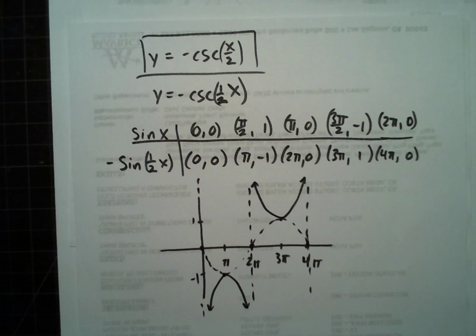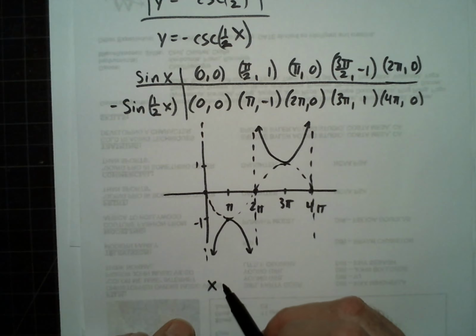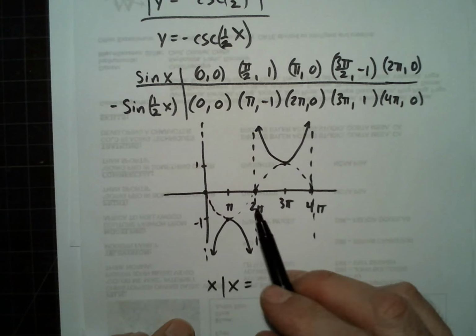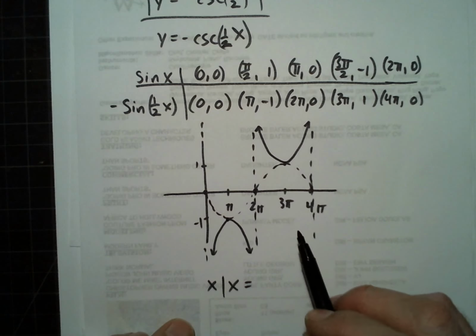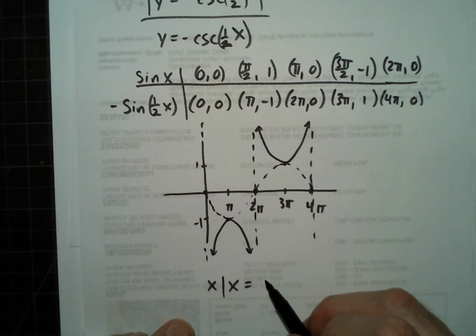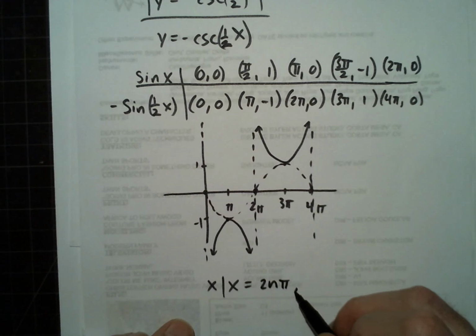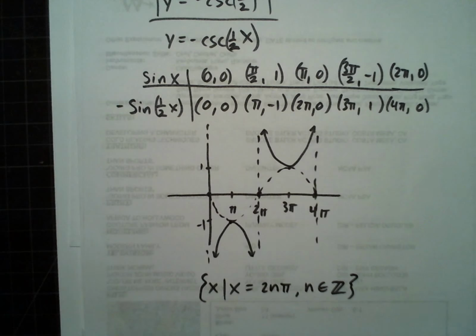So that's what that looks like. And we can talk about the asymptotes. The asymptotes are at x such that x is 0, 2 pi, 4 pi. That's just the even integers. So x is 2n pi, or 2 pi n, where n is an integer. Those are the asymptotes. And we'll stop there.